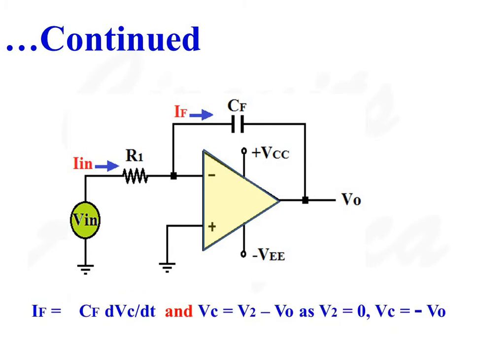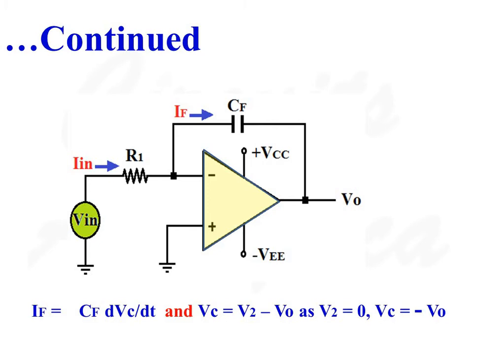Now let us find current flow through capacitance Cf, feedback current If. We know that generally for a capacitance, current flow through that capacitance is equal to C into dVc by dt. So here we can write If is equal to Cf into dVc by dt, where Vc is the potential difference between the two terminals of the capacitance.